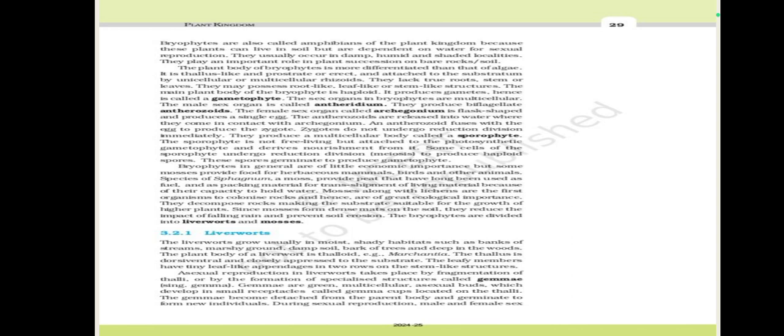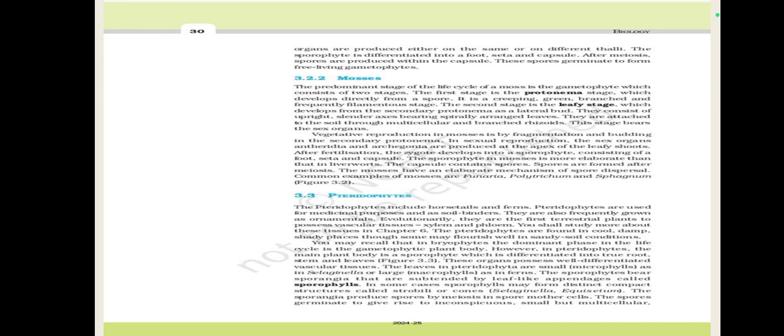The gemmae become detached from the parent body and germinate to form new individuals. During sexual reproduction, male and female sex organs are produced either on the same or on different thalli.